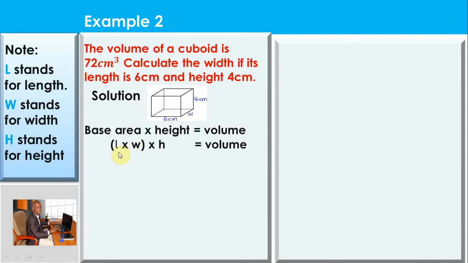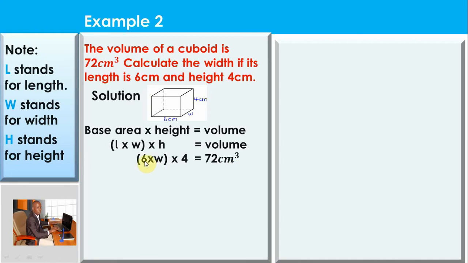Where there is length, we shall put 6, where there is width, we shall maintain w, and height we shall put 4. So that means now we have 6 times w times 4 equals 72 cubic centimeters.